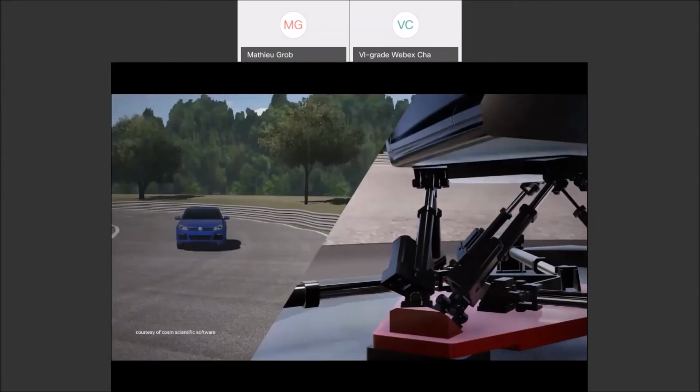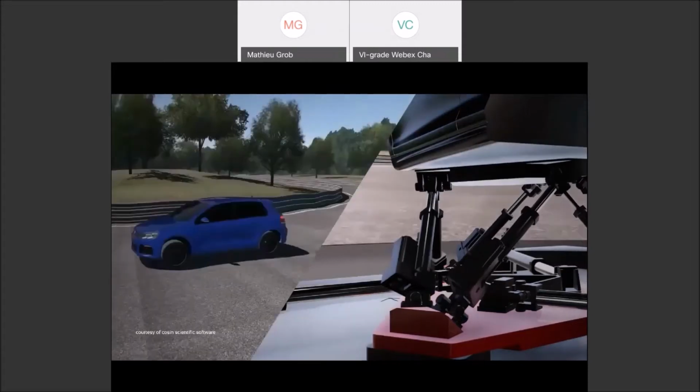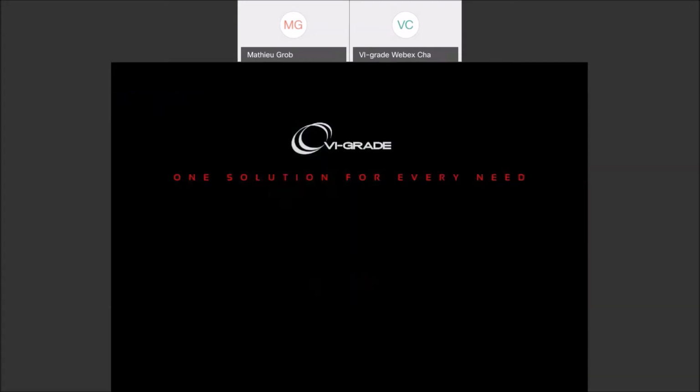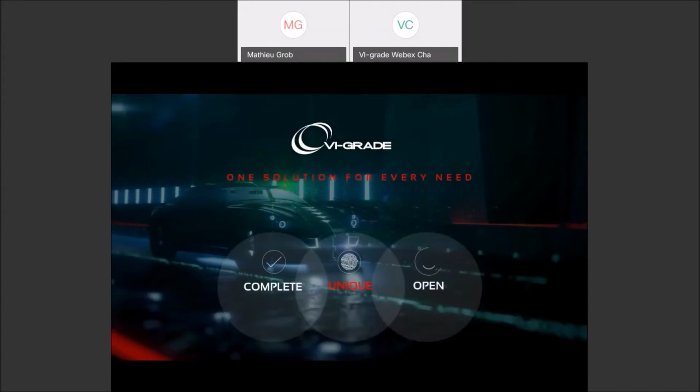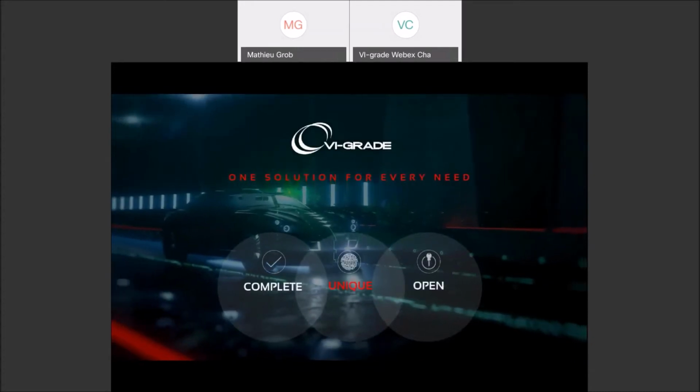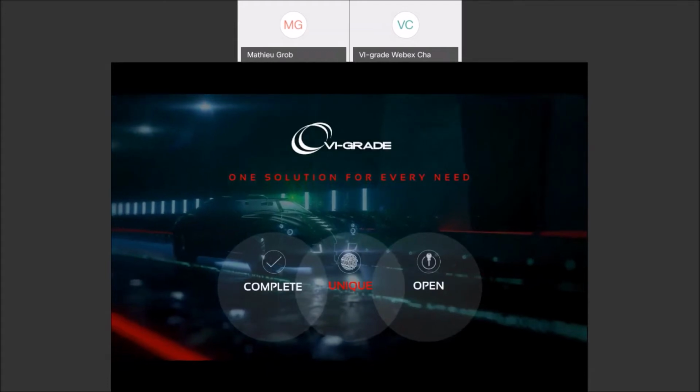You can see that the hexapod's fast response will react quickly. So this is the main idea behind our unique architecture, which I will now detail a little bit more.